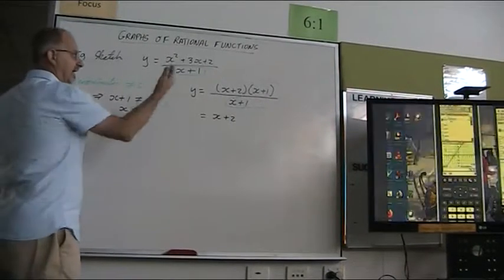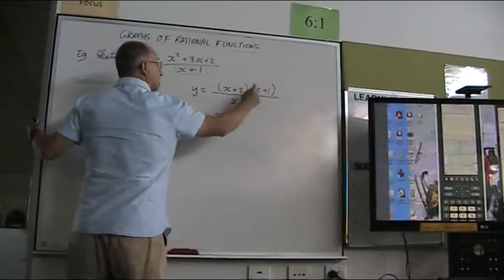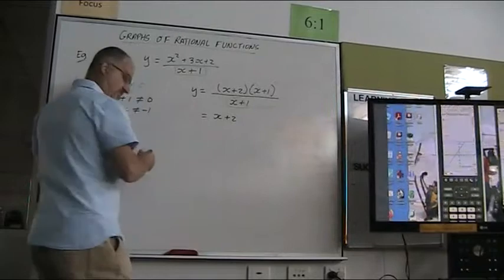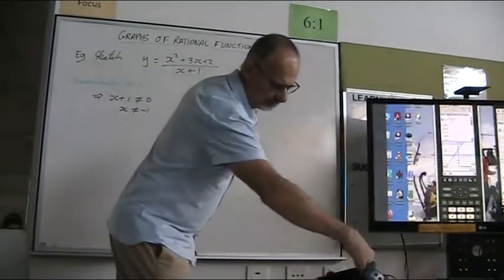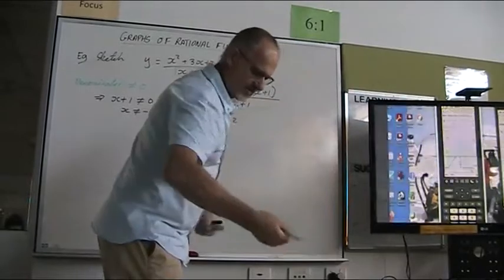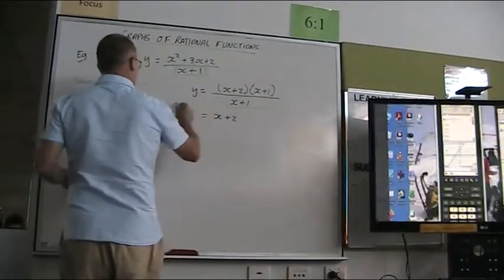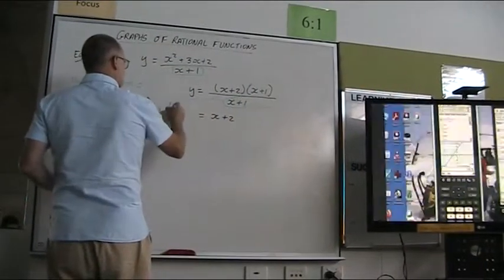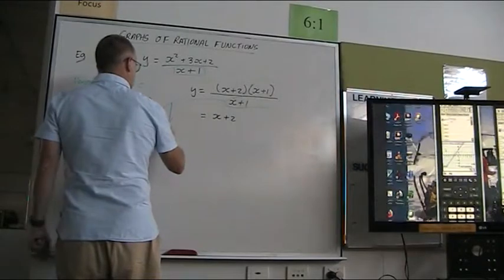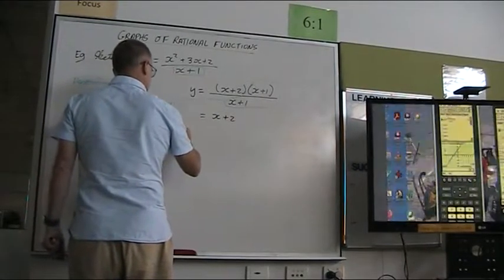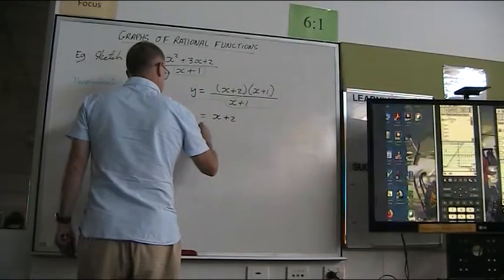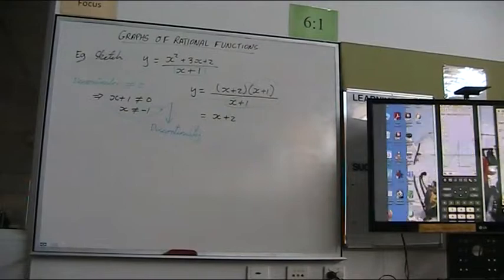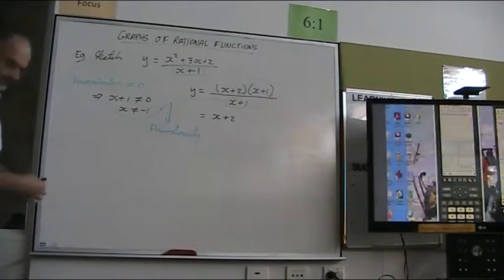So rather than an asymptote, when you have something that's cancelling out like that, when we put these two things together, what that leads to is a discontinuity. So a discontinuity at precisely x equals -1.